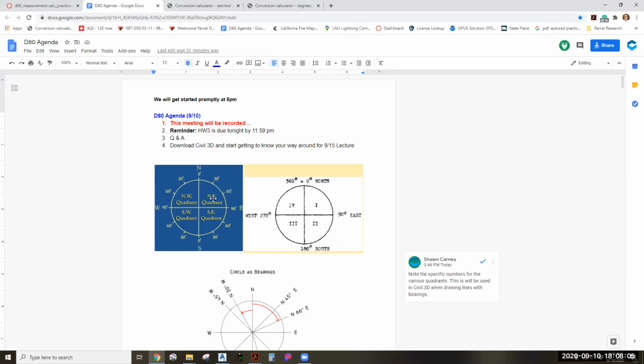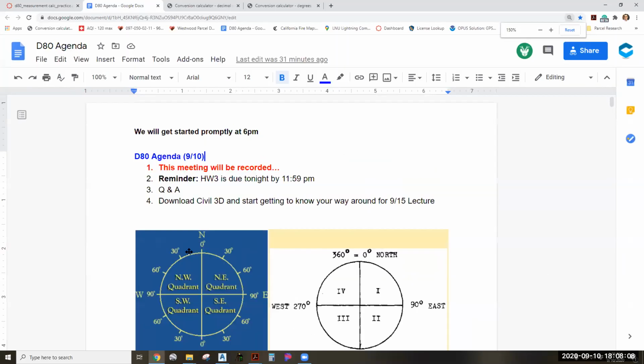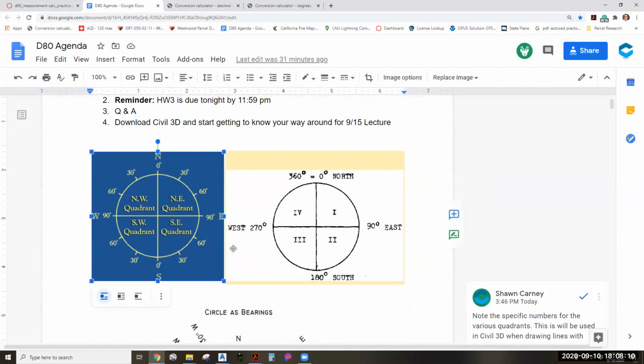So if we look at my screen here and we look at this first image, we have a north, south, east, and west compass. Now, I would assume that most of you are familiar with a compass, okay?